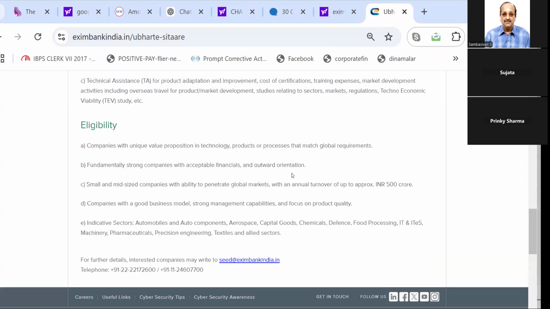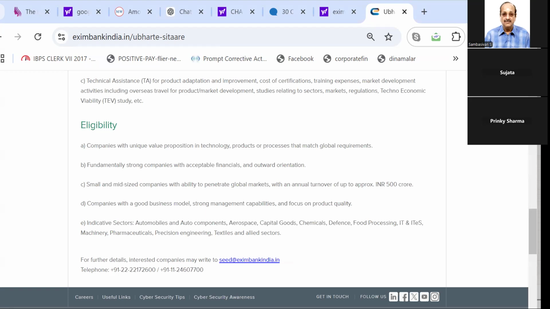Okay, eligibility. Read it. I expected this question for you. I also remember this. The company has unique value in technology, product, and process. Fundamentally strong company with acceptance of finance and outward orientation. Small and mid-sized company with the ability to reach the global market, with annual turnover up to approximately 500 crore rupees.